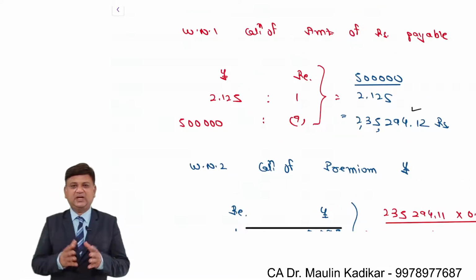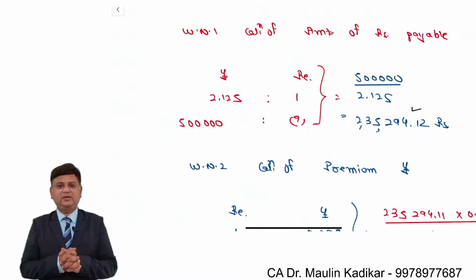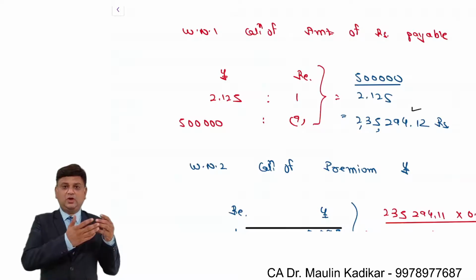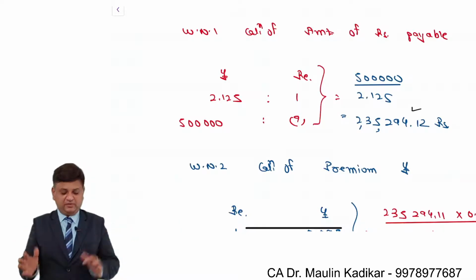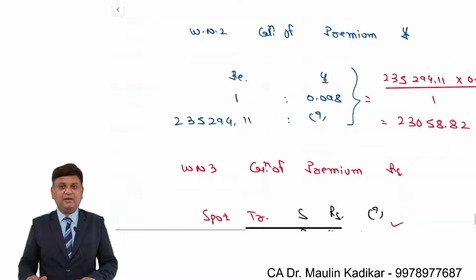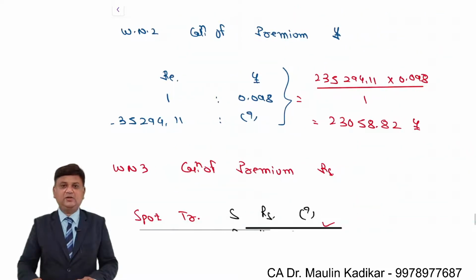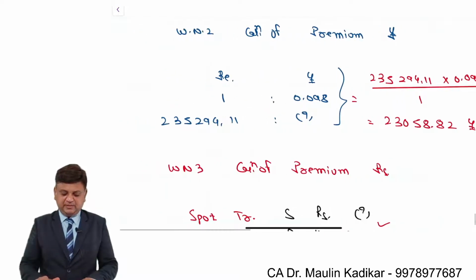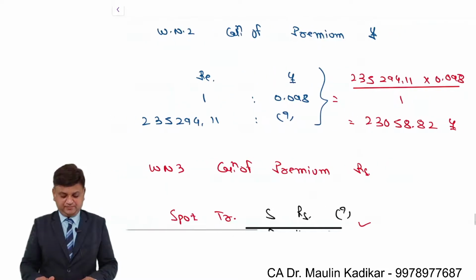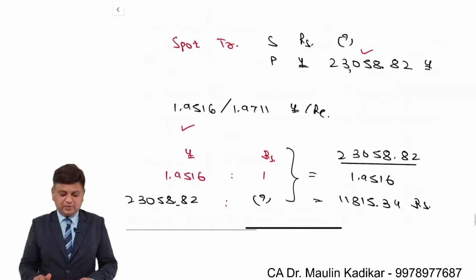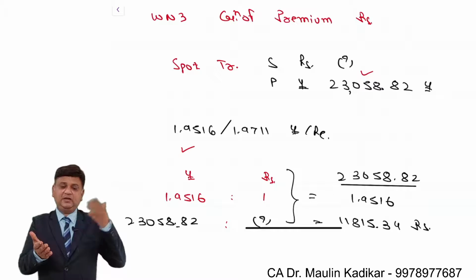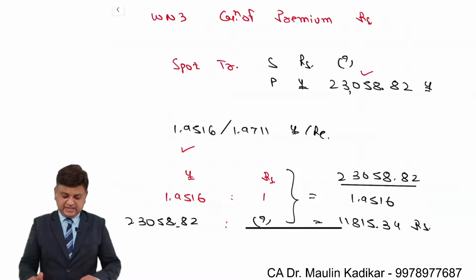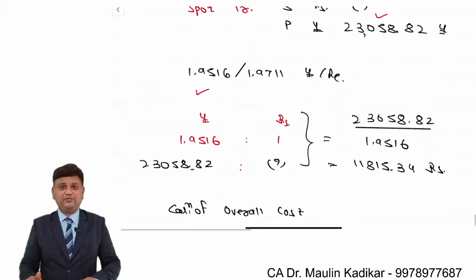We understand that the amount payable in rupee currency, if we enter into the option contract, is 2,35,294.12. Then the amount of the premium, taking into account the put premium, we made the computation of the premium in yen currency. Then a spot transaction for conversion of the rupees into yen, for purchasing yen for making payment, and that comes to 23,058.82.